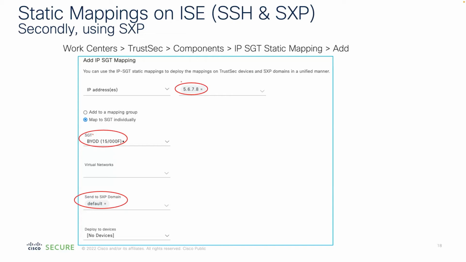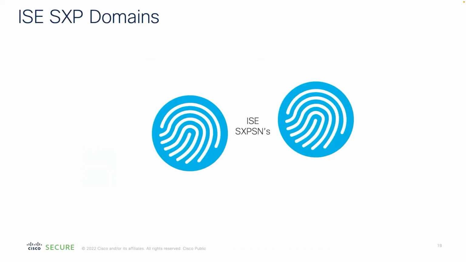And as I said, this by default is using the domain, which is called default. And let's talk about what that means on this slide for SXP domains. Now, out of the box, we have an SXP domain called domain default. Now, you can just use that.